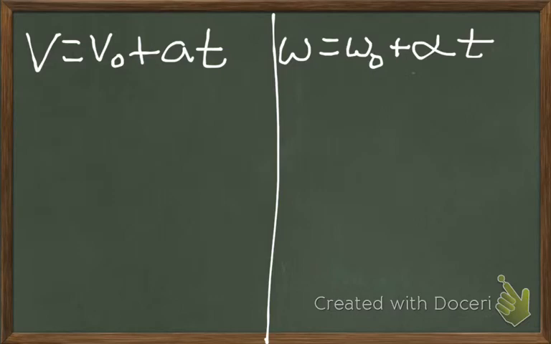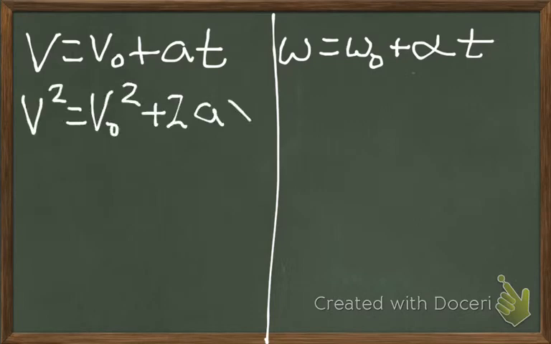So the one on the left says the final velocity is equal to the initial velocity plus the acceleration times the time. Well, on the right, this is the final angular velocity equals the initial angular velocity plus the angular acceleration times the time.